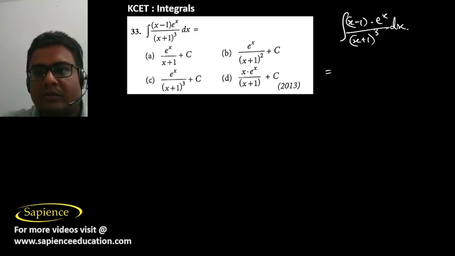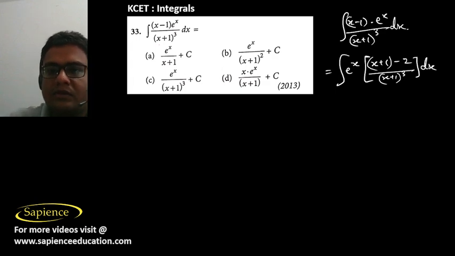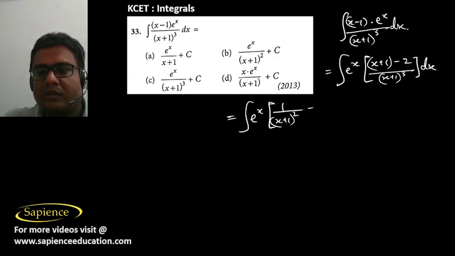This can be written as integral e power x into x plus 1 minus 2 by x plus 1 whole cube into dx. So I can write it as integral e power x into 1 by x plus 1 whole square minus 2 by x plus 1 whole cube into dx.